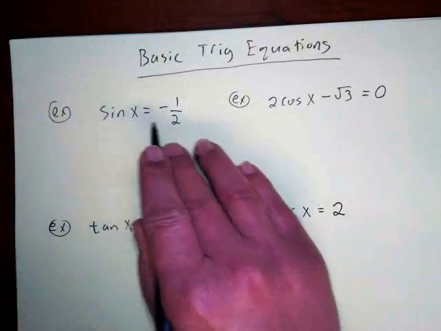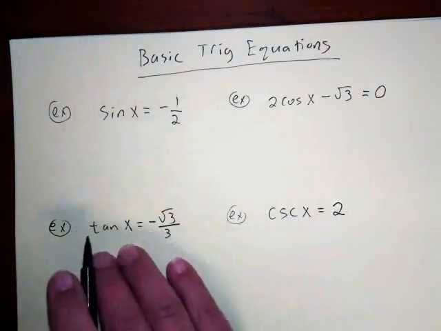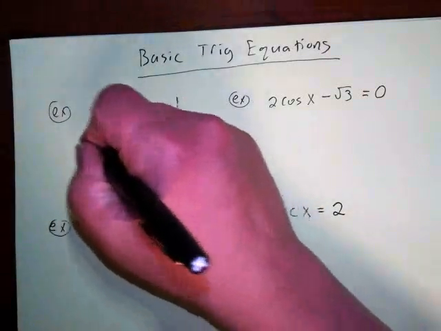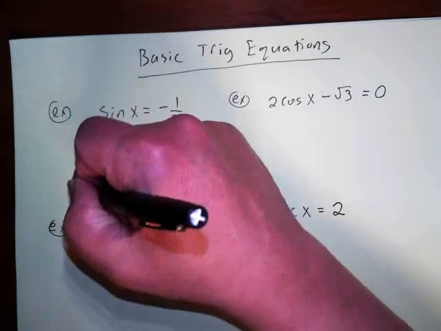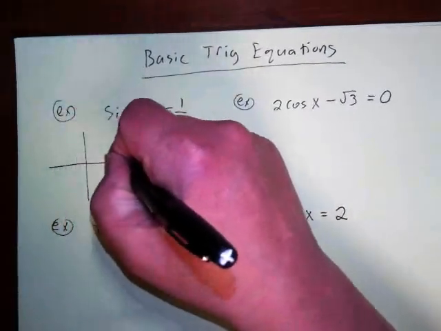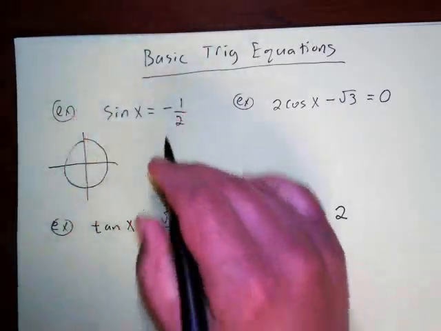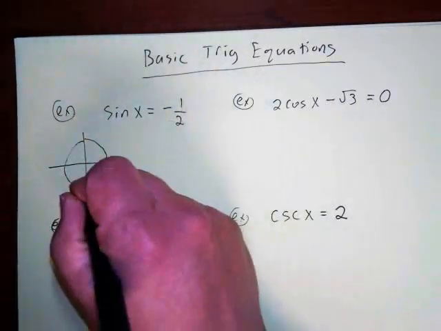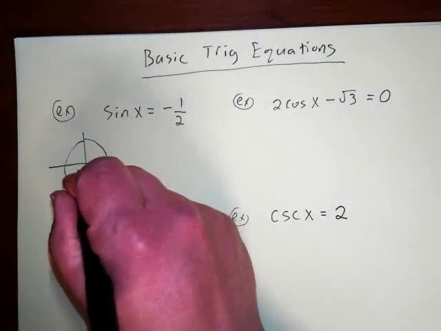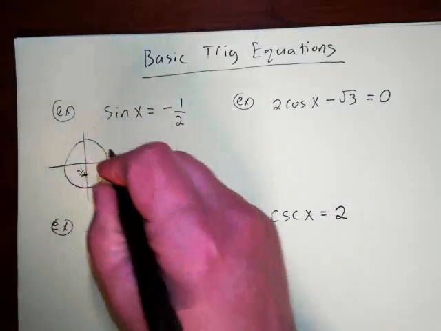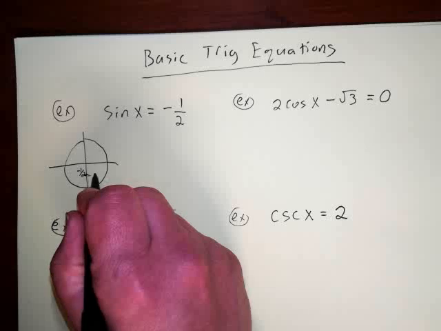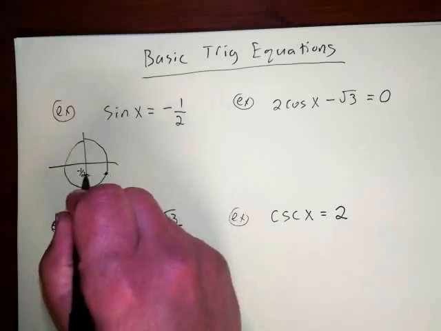So you want to know what x values give a sine of negative 1/2. Well, let's look at the unit circle. The sine is the y-coordinate, right? So when the y is negative 1/2, that's down here. But there are actually two angles that give you negative 1/2.